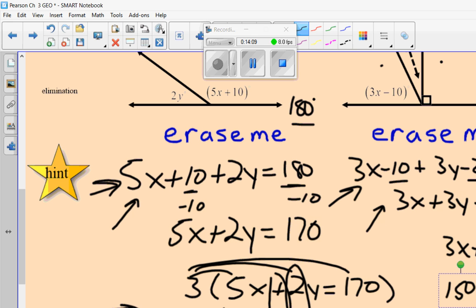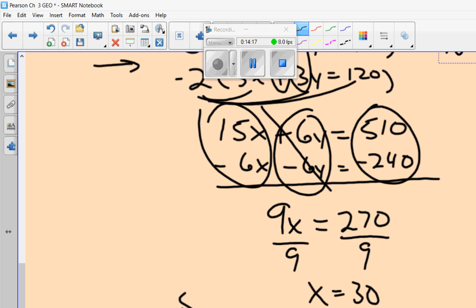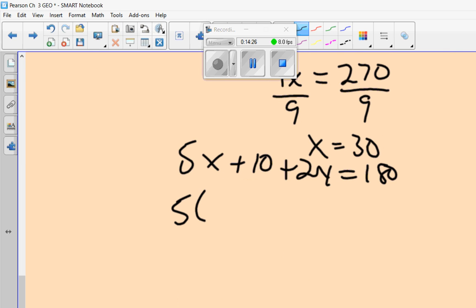To me, the equation on the left seems a lot more manageable, right? So it's 5x plus 10 plus 2y equals 180, okay? But we solved for x, so I'm going to substitute that in, and that will now allow me to solve for y.